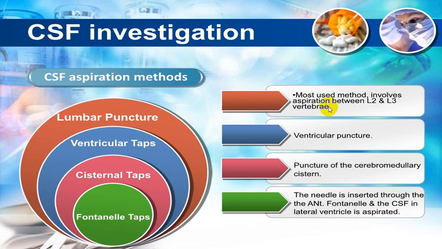A second alternative method to lumbar puncture utilized in children is fontanelle tap, mainly the lateral fontanelles. And the third method commonly utilized is puncturing the cerebromedullary cisterna, and that is done when lumbar puncture is contraindicated. So these are the four methods, of which ventricular puncture is very rarely done.